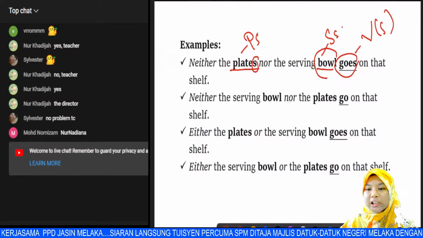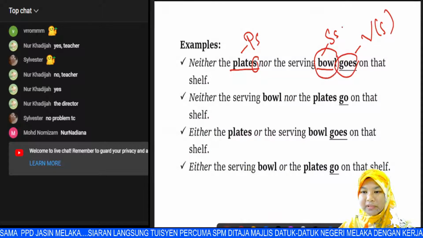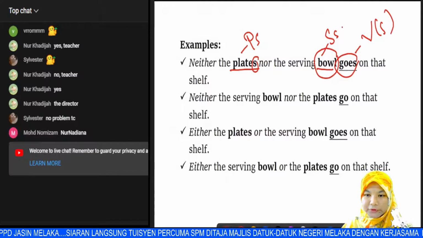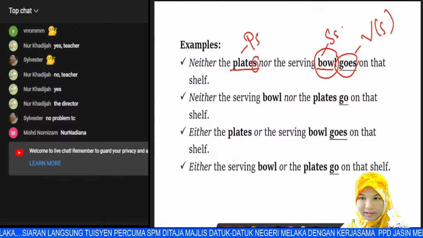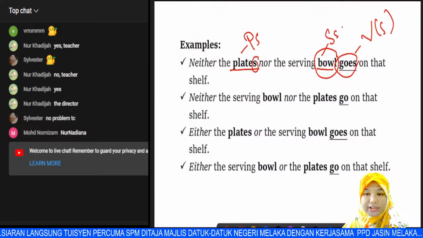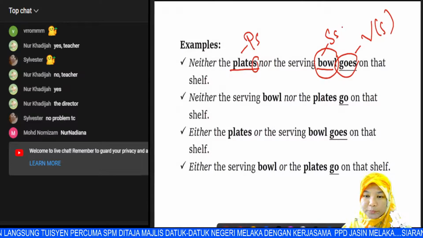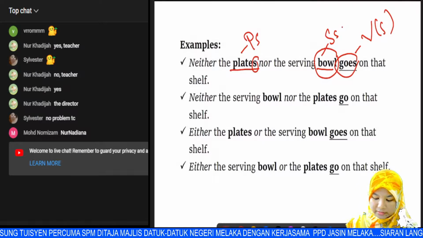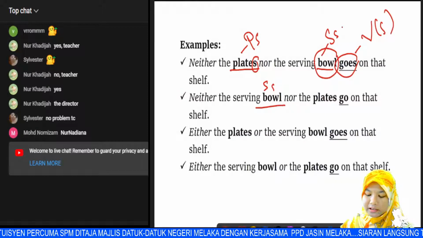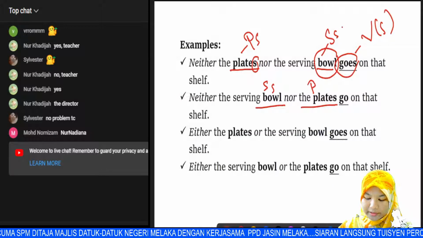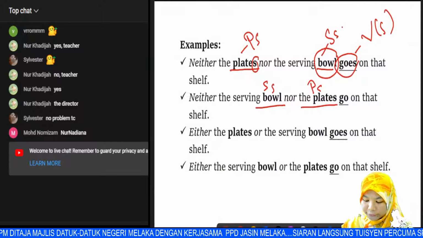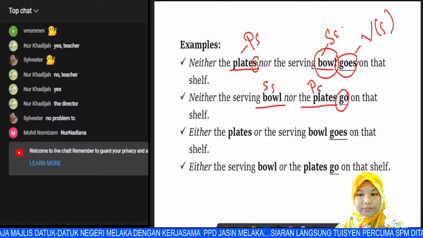Okay, the same case if you change the arrangement of the subject. Let's focus on example number 2. You put bowl first, the singular subject first, and then followed by the plural subject, followed by the verb.